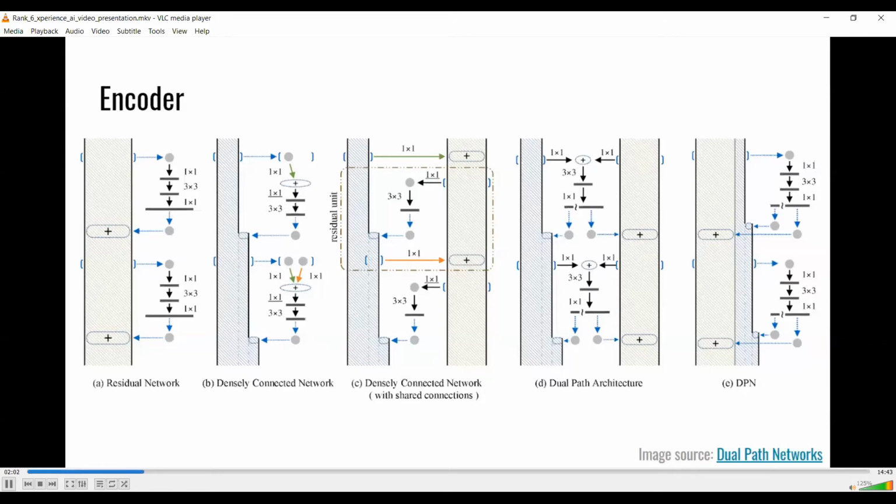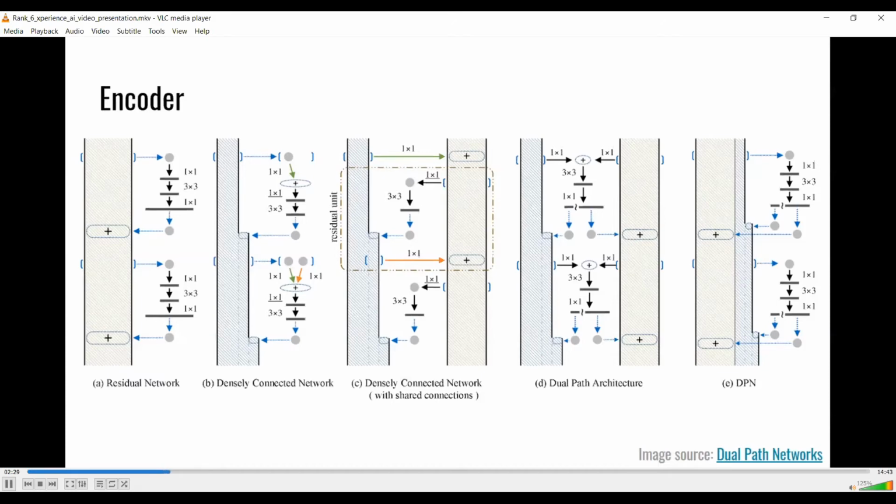Dual-path networks were originally proposed 3 years ago and led to significant improvements in scores over previous models like ResNext and DenseNet on popular classification datasets such as ImageNet 1K. Moreover, DPN achieved state-of-the-art while also having fewer parameters. For instance, DPN92 outperforms ResNext 101 while having approximately 15% fewer parameters.